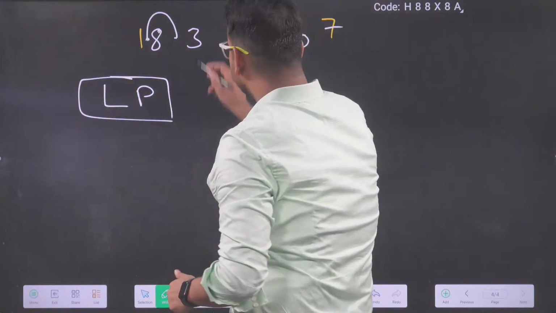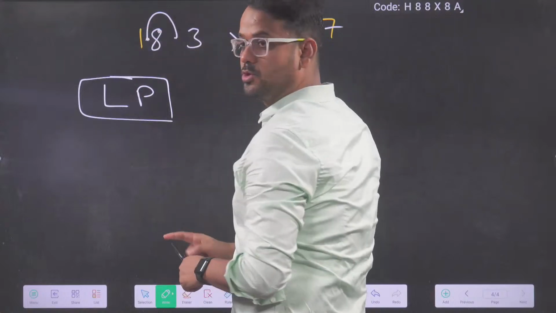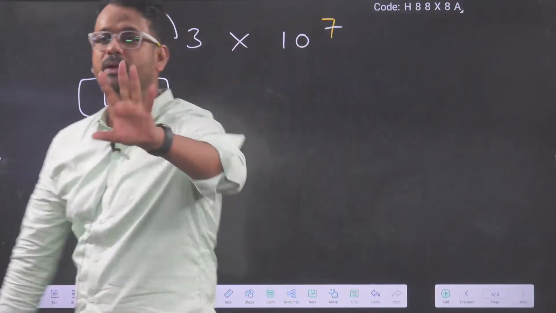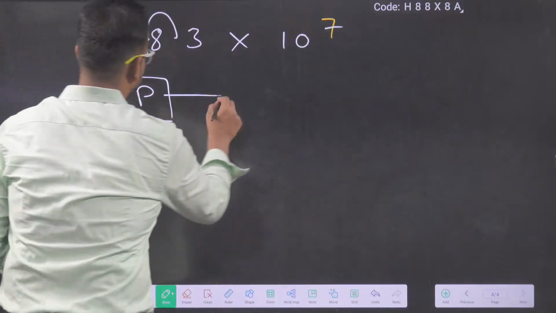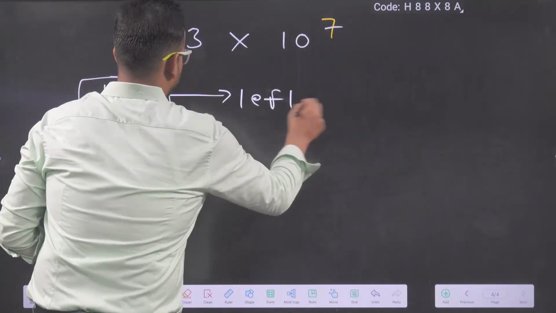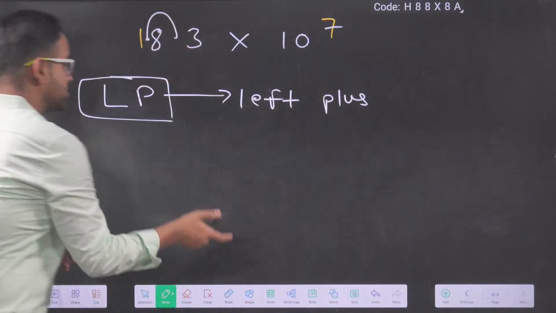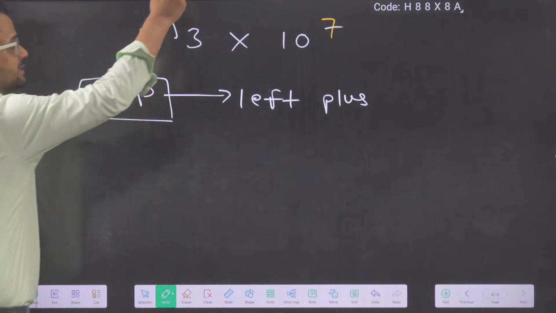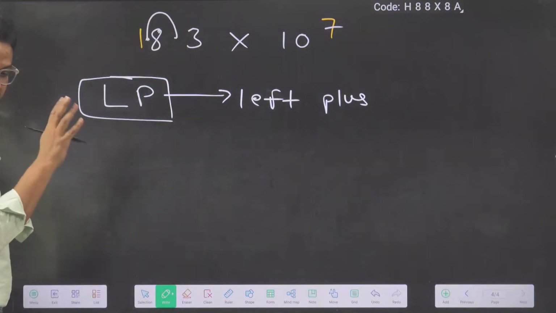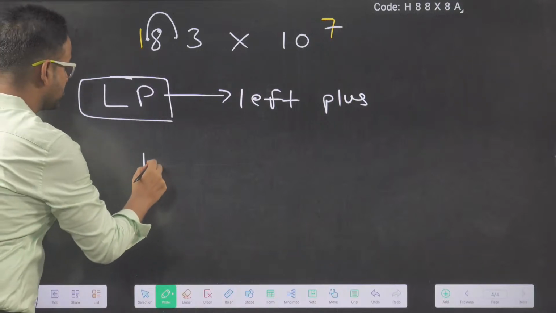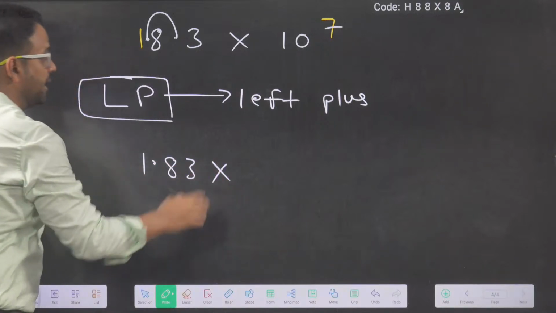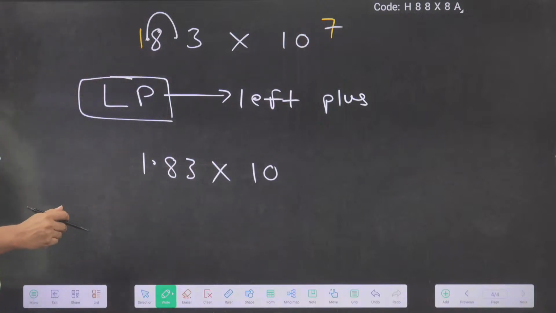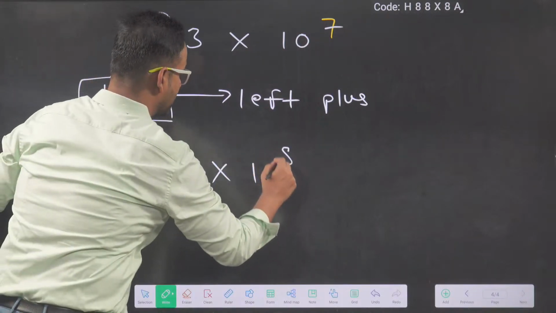If I shift the decimal one place to the left, then power plus 1. LP means left plus. If you are shifting the decimal to the left, then as many places as you are shifting, that many plus. So this becomes 1.83 into 10 to the power 7, which is already there, and plus 1 also I will do, so 7 plus 1 is 8.